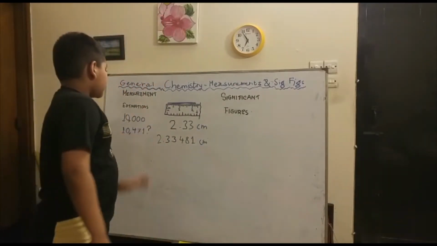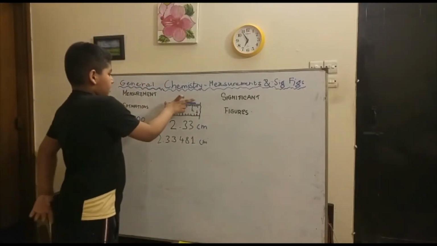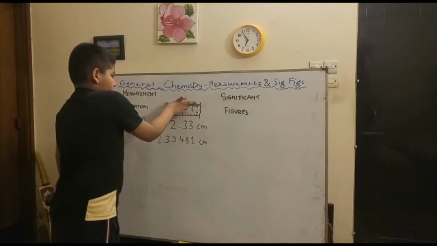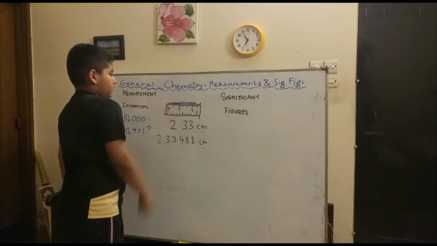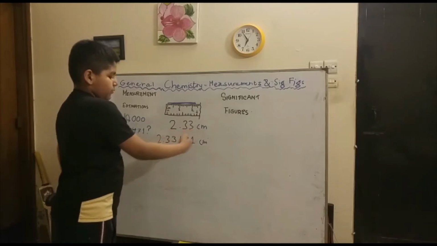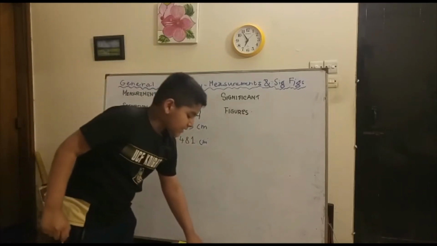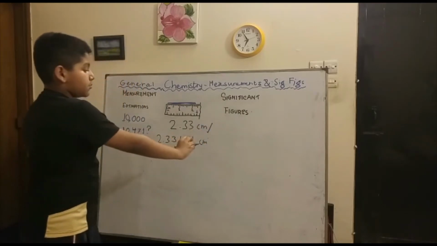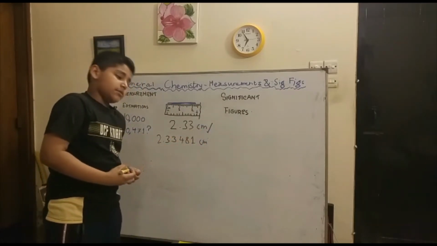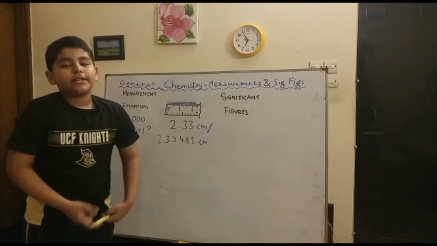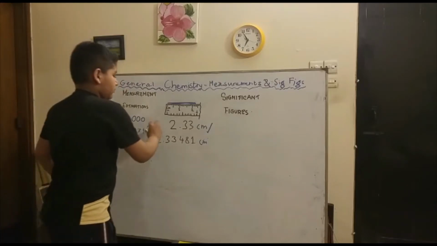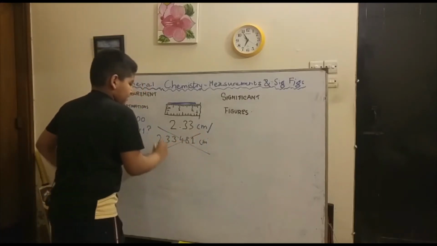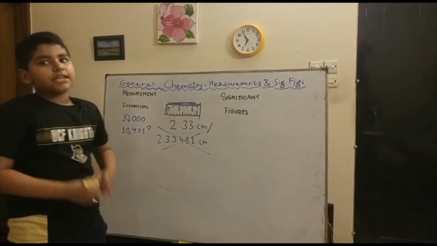So, suppose you have an object whose length you measure as 2.33 centimeters. Now this is a correct measurement, but you cannot measure and estimate it up to 2.33481. No, we don't have access to that precise a length.